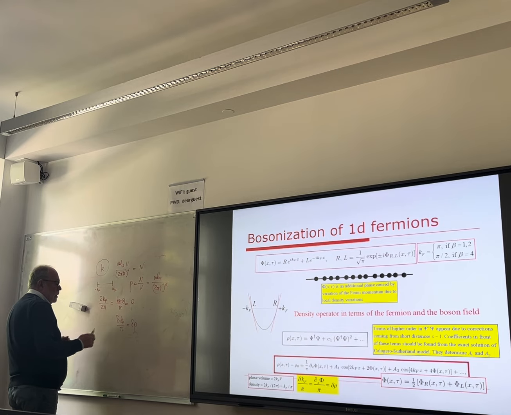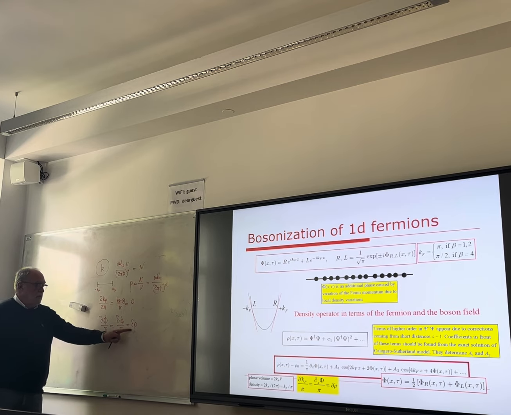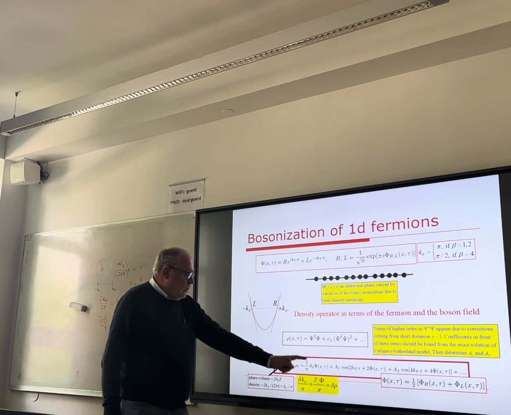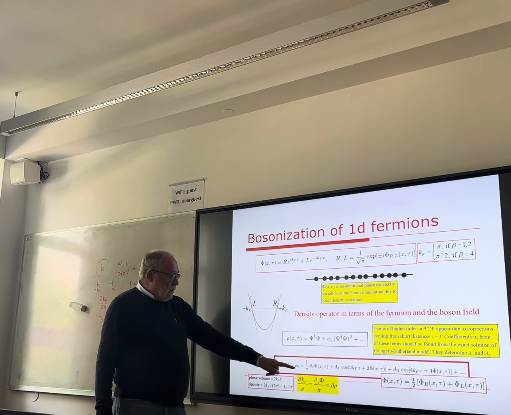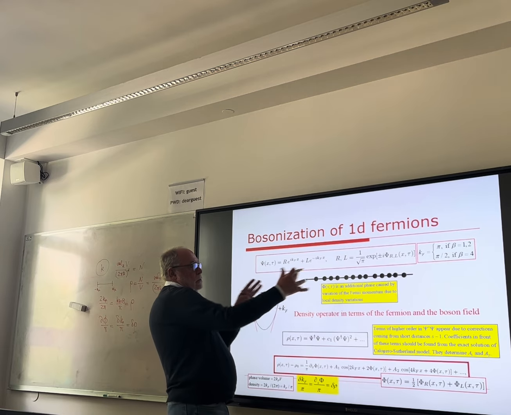Therefore, this derivative of phi divided by pi is the smooth part of the variation of the density. So this variation in the density is the first term that appears, because of the so-called sound mode.